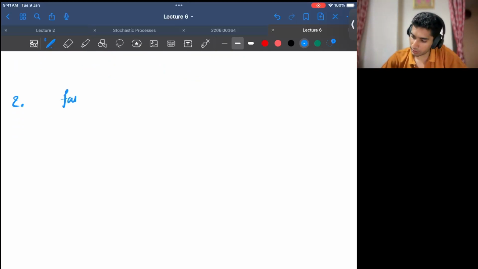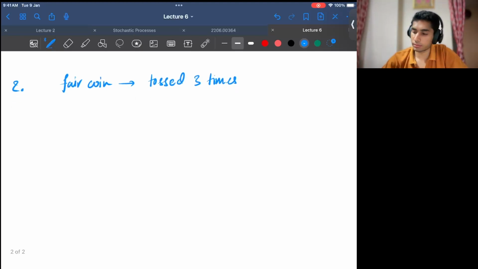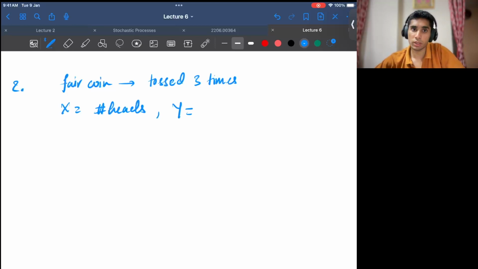So X is basically the number of heads in the tossings, and Y is equal to the absolute difference between the number of heads and number of tails.